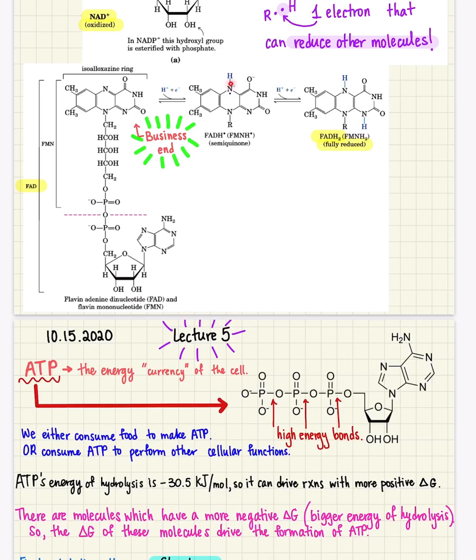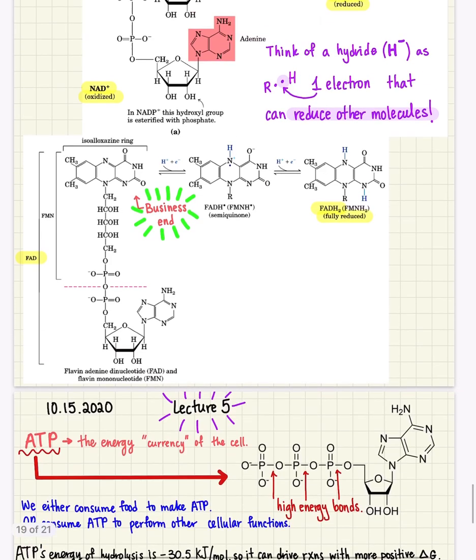So at first, this hydrogen over here is added, and then the second electron and proton is added over here. And so now this structure is the fully reduced FADH2.